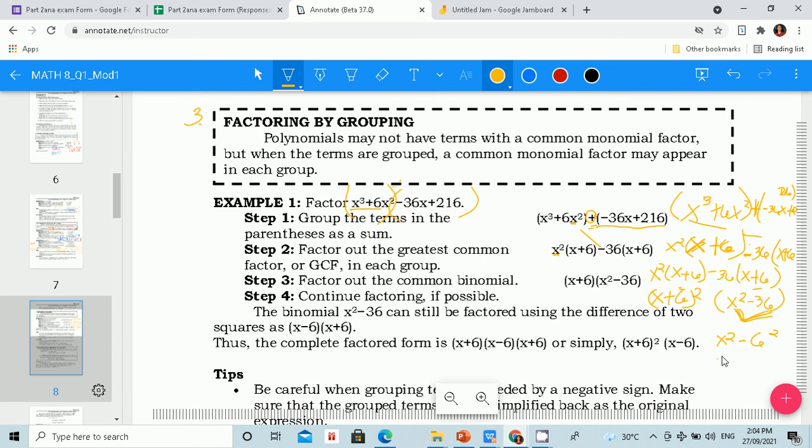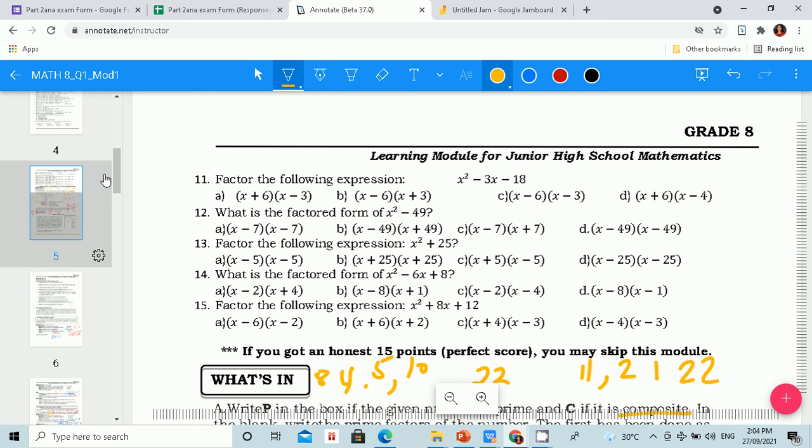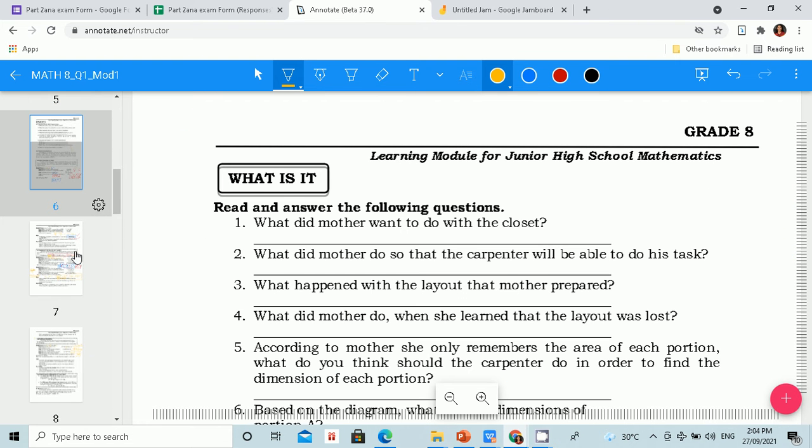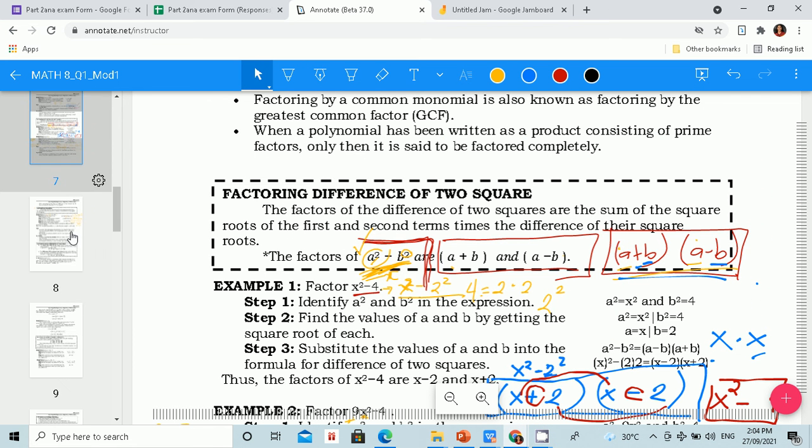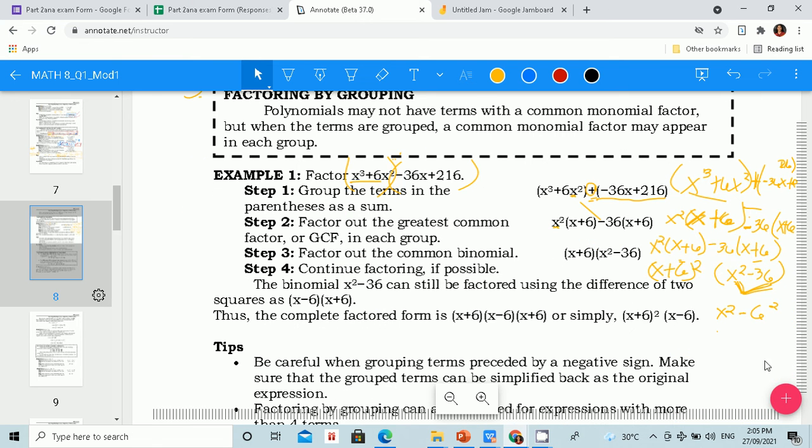Remember this from our first example: a squared minus b squared. So it is factorable. We copy x, and we have positive 6 and negative 6. Okay, so we have our final factor.